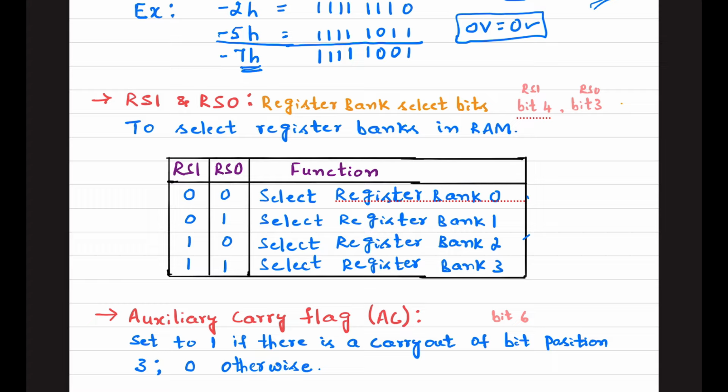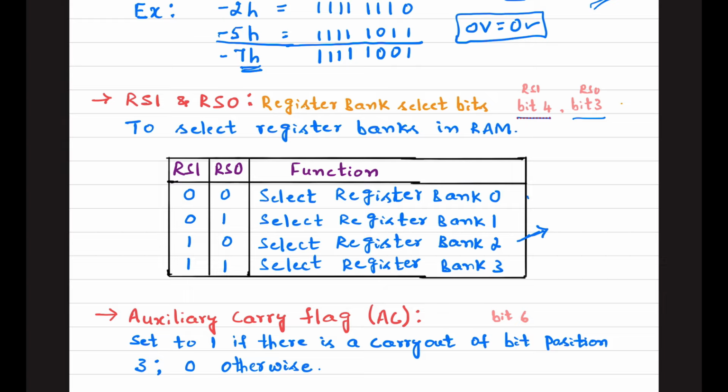This can be done by making use of bit level operations, right? The bit positions of RS1 and RS0 are known: bit position 4 applies to RS1, bit position 3 applies to RS0. For example, if I want to select bank 2, what do I have to do?